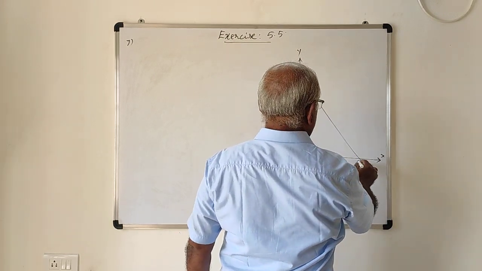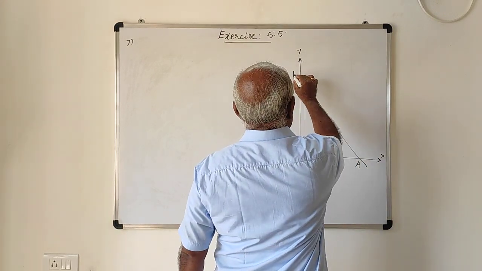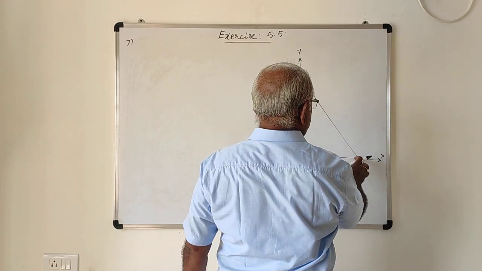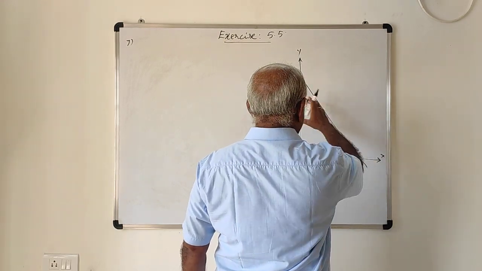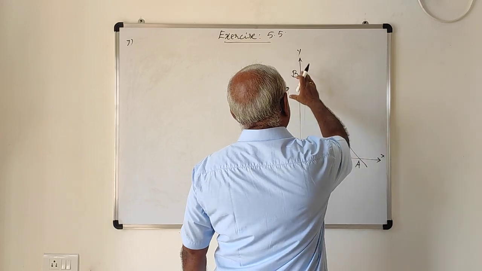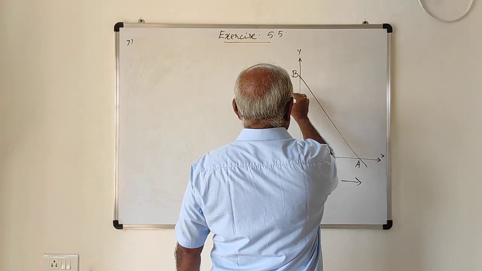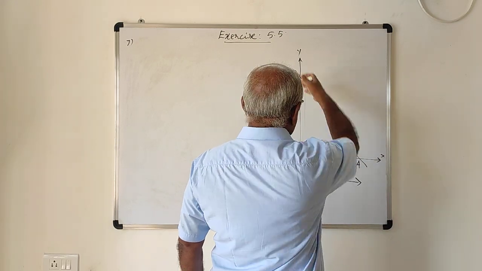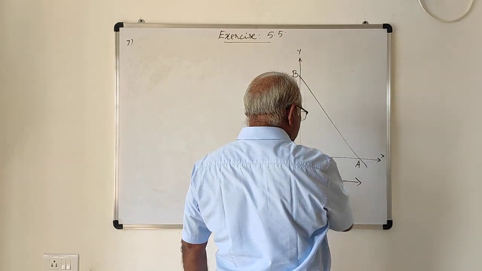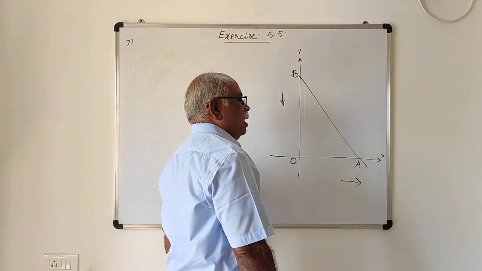This is the rod. AB is a rod. It touches the coordinate axes and moves along them. So the rod moves in this direction, with B moving downward and A moving to the right.